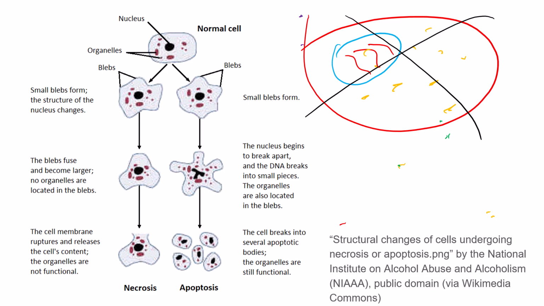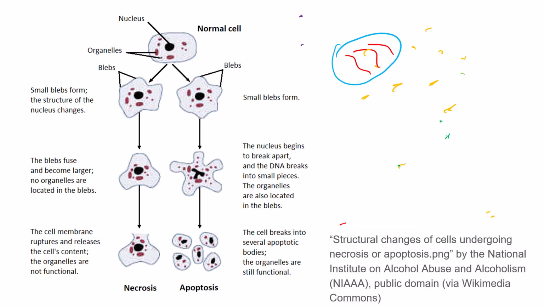Well, since the cell is dead, it can't activate the enzymes to go through apoptosis. Instead, that cell will slowly break down on its own, and it can break open, and then all these pieces go around into the body.